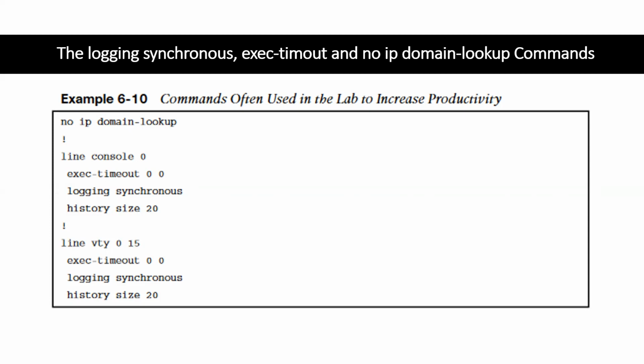By default, if Ryan, being the network administrator, uses a console cable to connect to the switch, and he's on the CLI for a while, he'll see messages pop up. Maybe he enabled an interface, maybe he shut down an interface. There'll be messages that pop up while he's typing, which interrupts him.